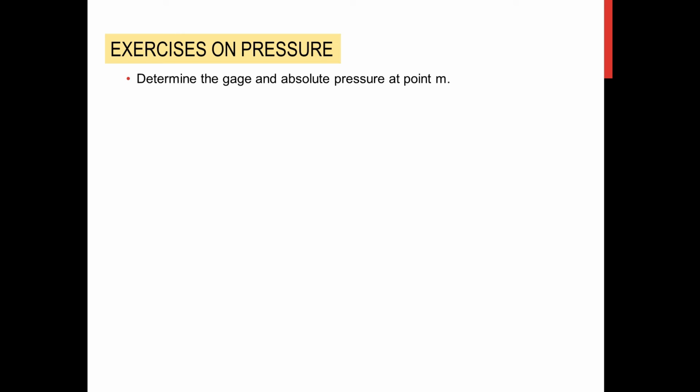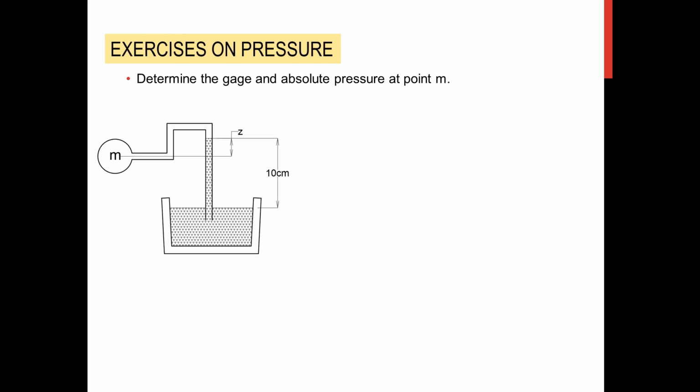So moving on to the next example. Determine the gauge and absolute pressure at point M. In here, the manometer is dipped into an open tank.